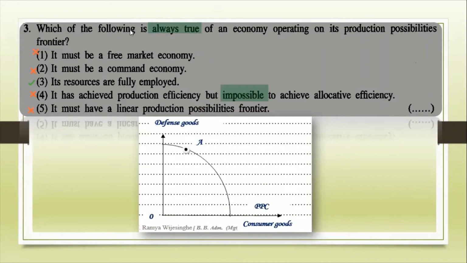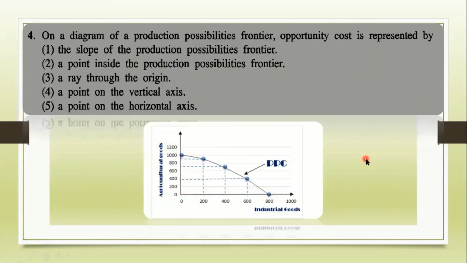Then the answer is the third one. Its resources are fully employed. Fourth one, on a diagram of the production possibilities frontier, opportunity cost is normally represented by the slope of the production possibilities curve.